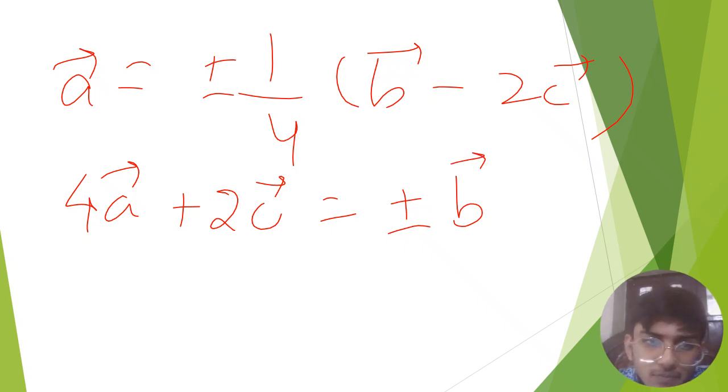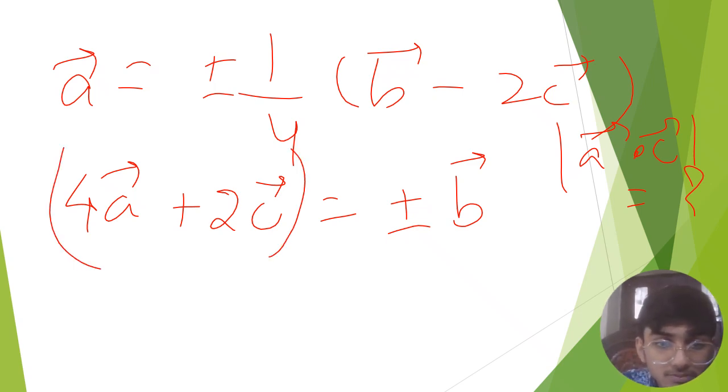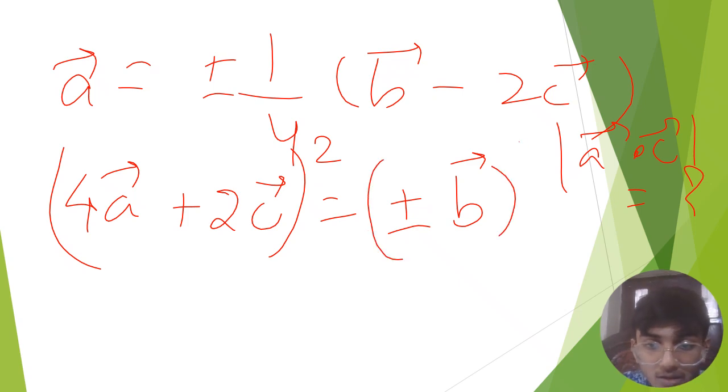It's pretty easy. Now, according to the question, we are required to find the magnitude of A dot C, right? So for this, first we will compute A dot C, and that will be the answer only. But just do this, squaring both sides.